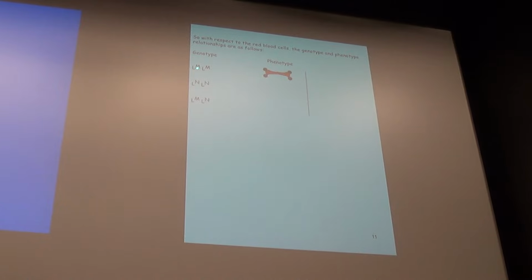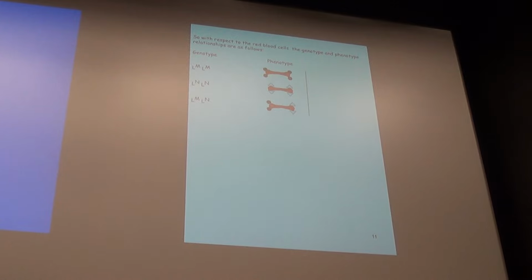If you're LM, LM, you're producing the M antigen on the surface. Those are these little black dots. If you're homozygous LN, LN, you're producing the N antigen, and those are these little triangles. A different form of this L gene. But when you're heterozygous, you have both present, the M antigen as well as the N antigen.